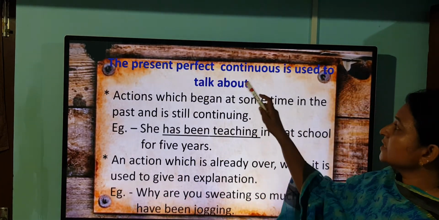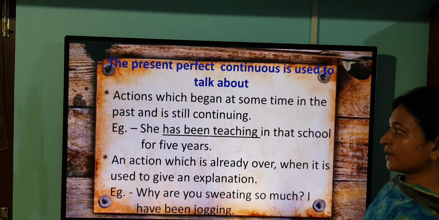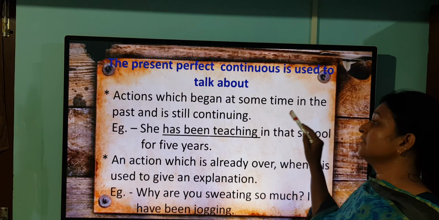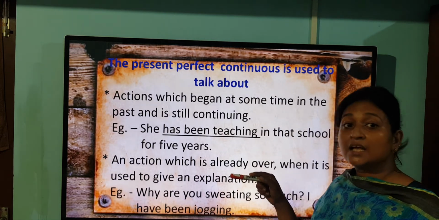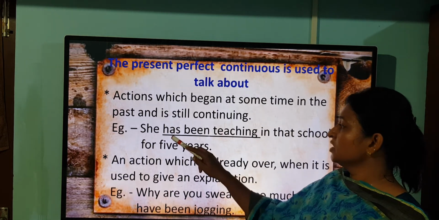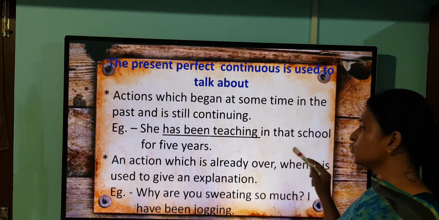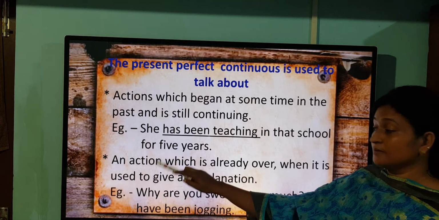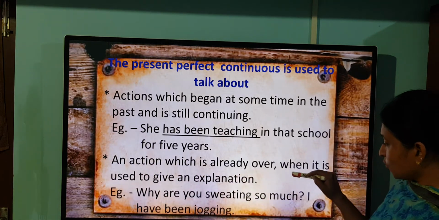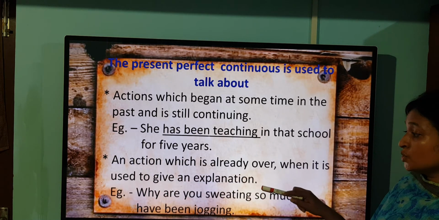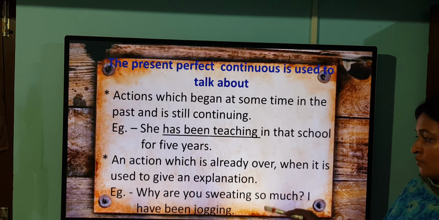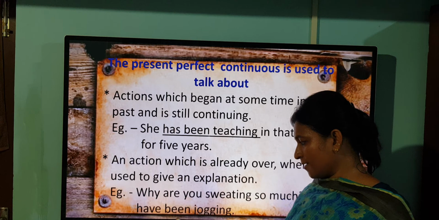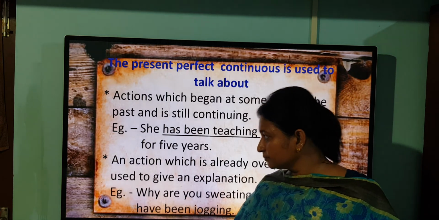The present perfect continuous is used to talk about actions which began at some time in the past and are still continuing, still going on. She has been teaching in that school for 5 years, a period of time, so for. Also, an action which is already over can be used to give an explanation. Why are you sweating so much? I have been jogging.